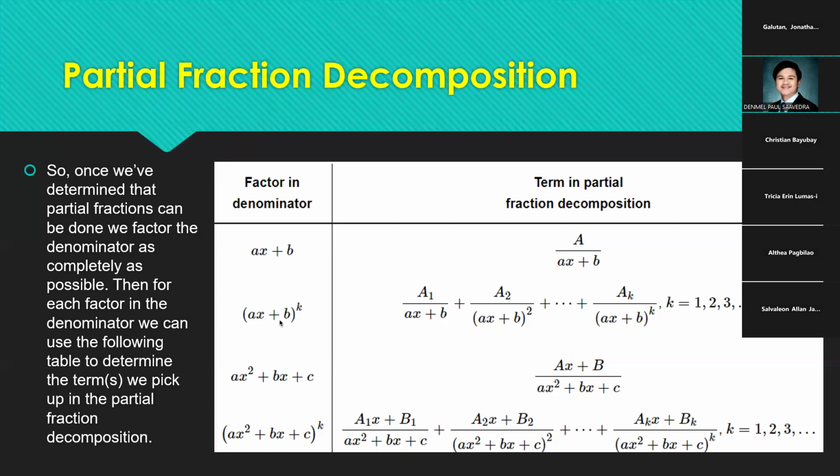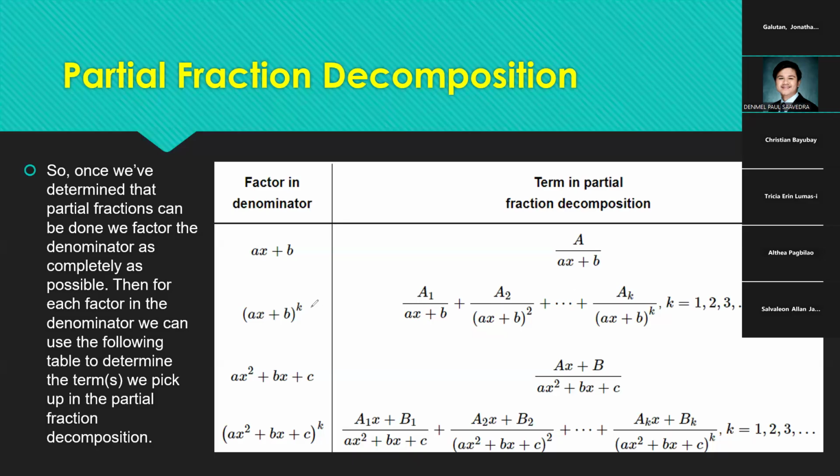So in some cases, we have repeated roots, or repeated function in our denominator. So it's ax plus b. So if it's repeated twice, then you will stop right here. If it's repeated thrice, then just add one more. It's A3 over ax plus b raised to 3.